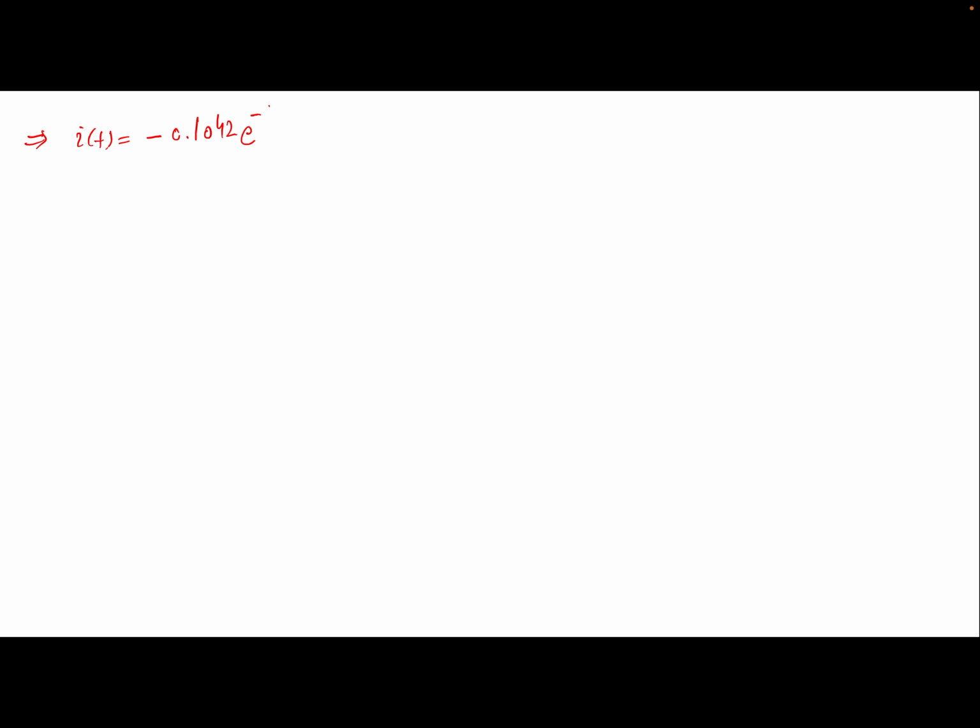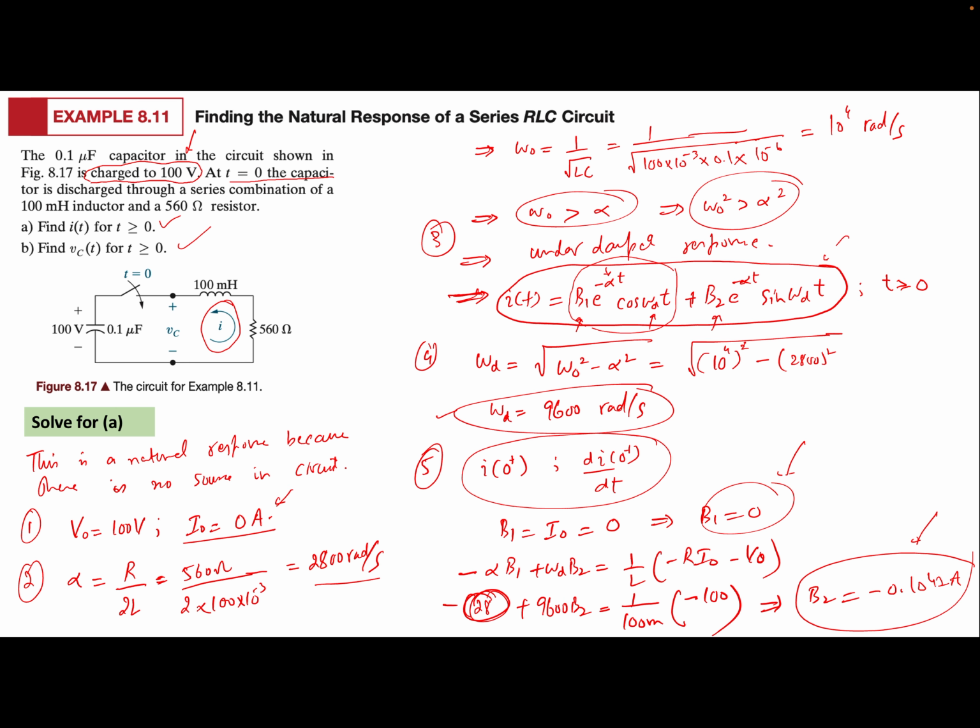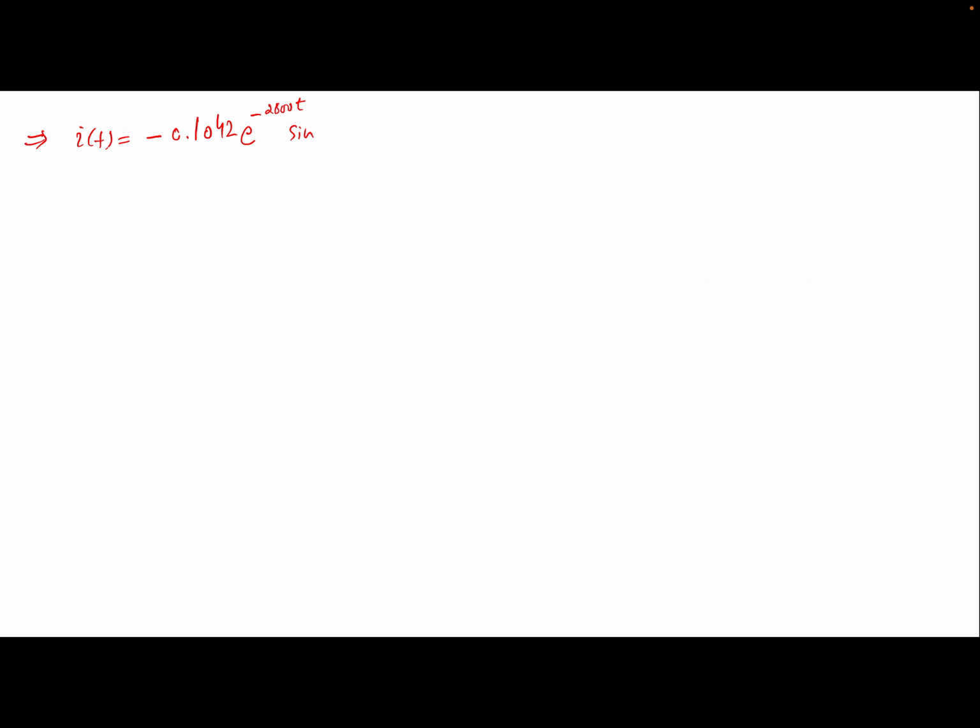Alpha was 2800 radians per second, t, and then we have sine of omega d t. Omega d was 9600, so 9600 t, right? And this is in amperes, t greater than or equal to 0.